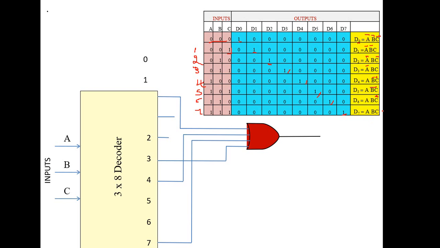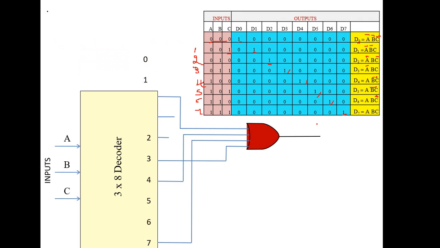Now we have to check this with our problem. Here the problem is given, we have to design 0, 3, 4, 7. So how to design 0, 3, 4, 7 in our decoder structure? The decoder input is 3, A B C. Yes or no? So we have to design a 3:8 decoder. In this we have to design such that we select 0, 3, 4, 7.